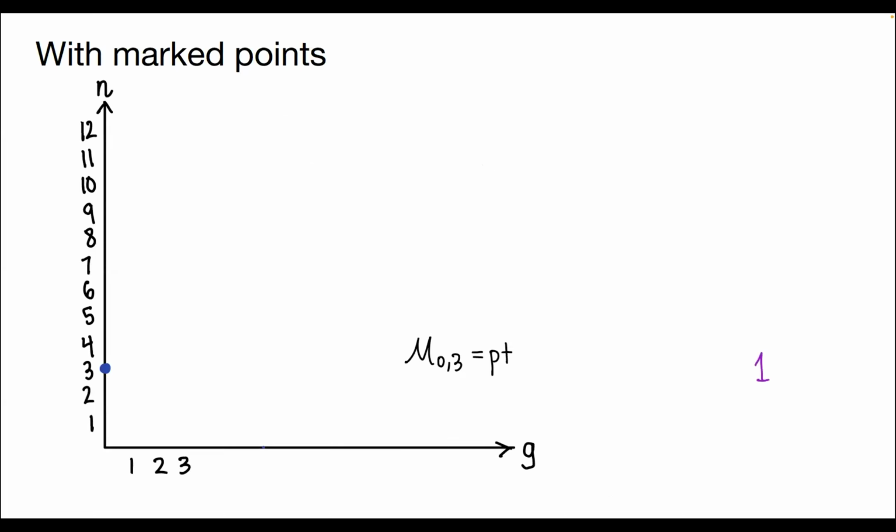So in genus 0, if we want to count points, we can use the write-it-down method very effectively. M_{0,3} is just a point, because I can take any 3 points to 0, 1, and infinity. Then when I go on to M_{0,4}, my 4th point is just somewhere on P1 minus 3 points.